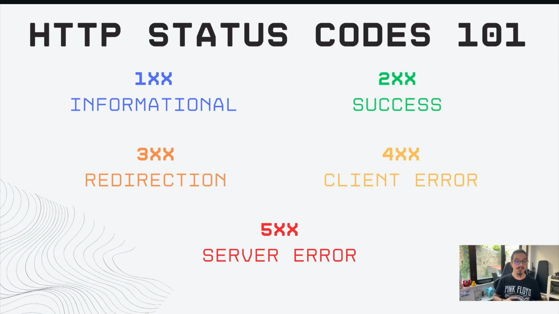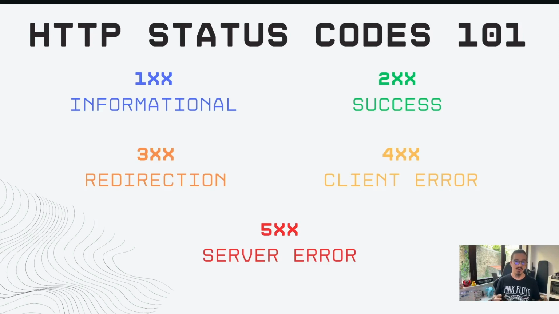So you use a 300 status code to tell the client, okay, you are looking for this resource, but this resource is not here anymore, it was moved somewhere else. So you use the 300 status codes for that.